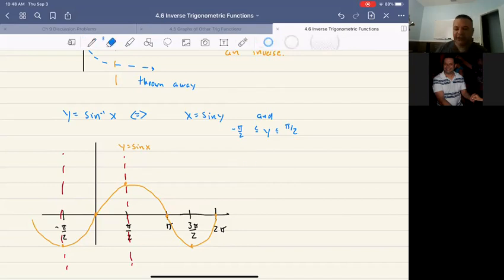I don't need to graph that again. This point down here is negative pi over 2, negative 1. In essence, it's going to change to now being the x coordinate. Let me write it down: negative pi over 2, negative 1 goes to negative 1, negative pi over 2.